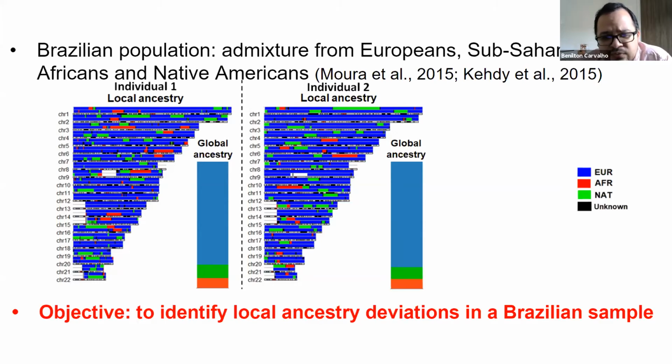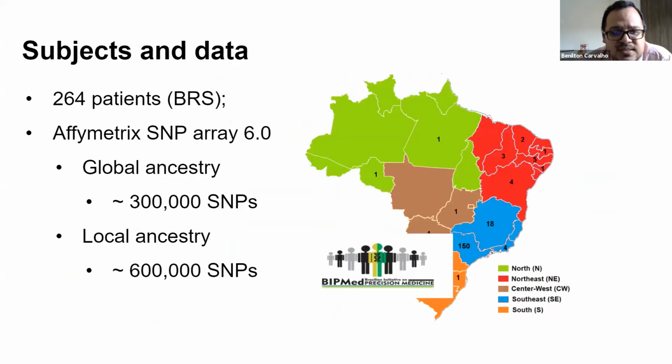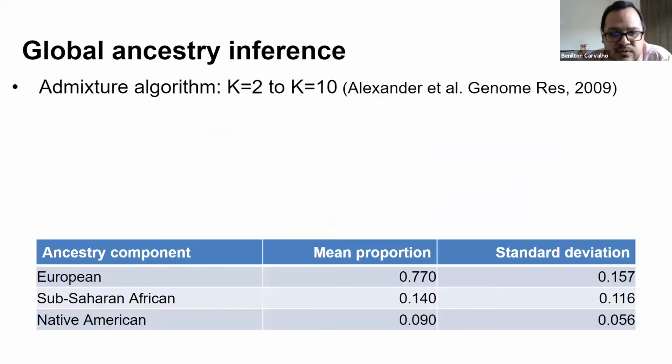So in order for us to better study the local ancestry that Brazilian subjects show, we also needed to study a lot of history, right? But again, we got data on this. We got SNP arrays on 200 subjects, originating from different places in the country.